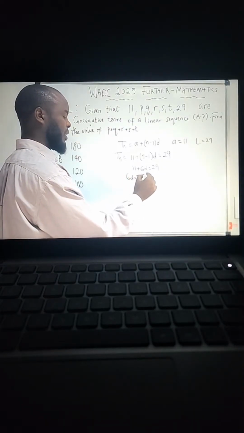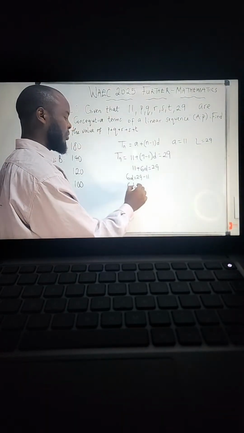Now let's simplify. Here we have 11 plus 7 minus 1 is 6d equals 29. Simplifying further, 6d equals 29 minus 11, which is the same thing as 18.